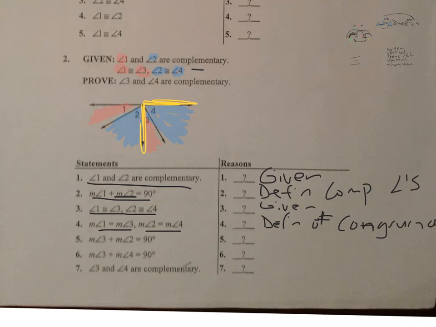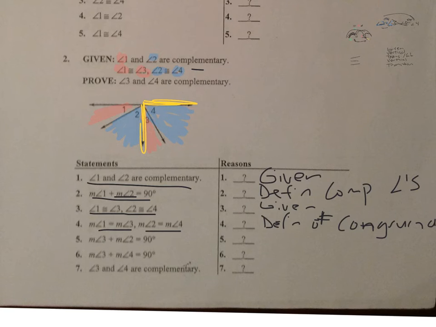Okay, so next step. Angle 3 plus angle 2 is equal to 90. Well, where did they get that? If I'm looking at this, there's nothing that they told me up on my graph. They didn't put a sign like that between 3 and 2, so I can't use that. I'm going to go ahead and pull that back off. Where could they have gotten it? Well, let's look at what we have established here.